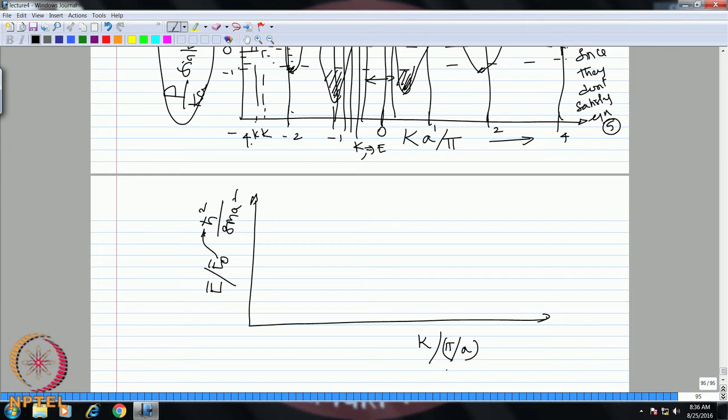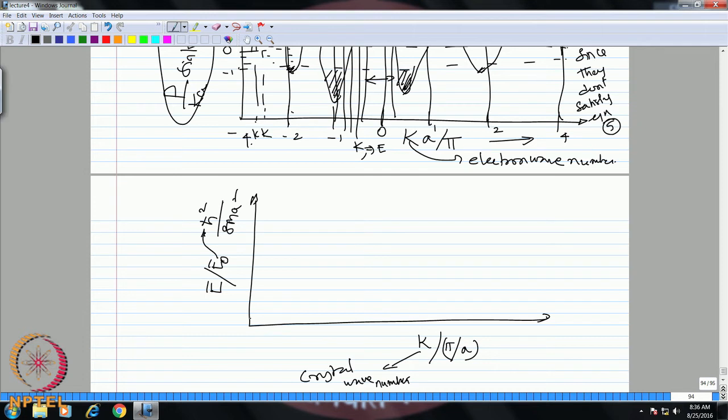Now, this is for the crystal. So, this is your crystal wave number, okay. Just to make sure you do not get confused, this is your electron wave number. And then what do you find is for a given value of energy, you can have multiple values of these wave vectors, okay.